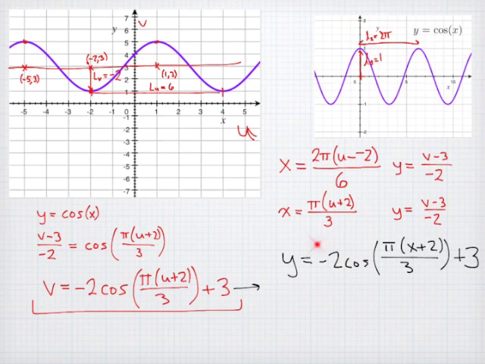And this constant -2, just a reminder, corresponds to our amplitude, which in this case is upside down because of where we chose our center point.